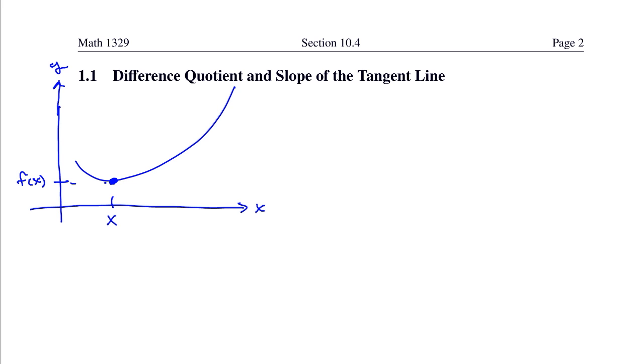What we do next is we create a distance between this first point and some other point. We're going to call that distance h. If the distance between this point and this next point is h, what is the x-coordinate for this point?